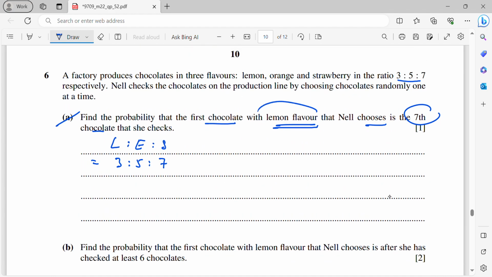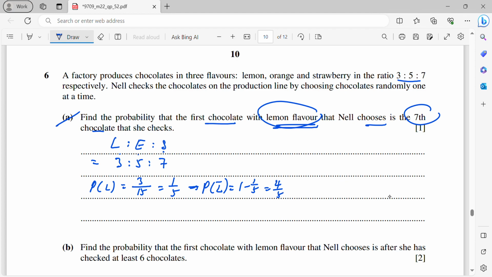Now our concern is the lemon flavor chocolate. So the probability of lemon, P(L), equals 3 out of, 3 plus 7 is 10, plus 5 is 15. So I know that the probability of getting lemon is 1 over 5. Which means not lemon flavor will be 1 minus 1 over 5, which is 4 over 5.